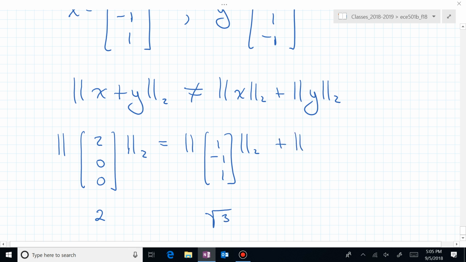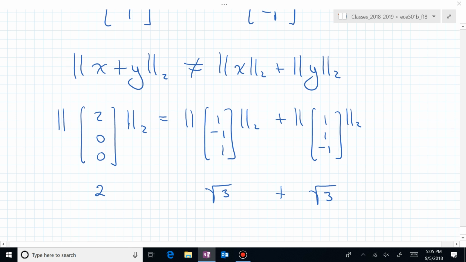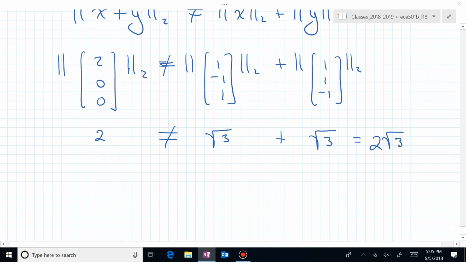What about the 2 norm of y? That's the same, isn't it? So now is 2 equal to 2 times the square root of 3? Is the square root of 3 1? Not quite, is it? What is that? Roughly 1.7 times 2, 3.4.